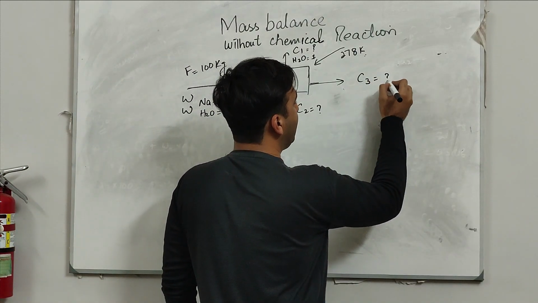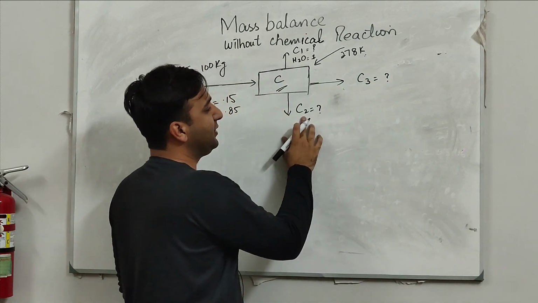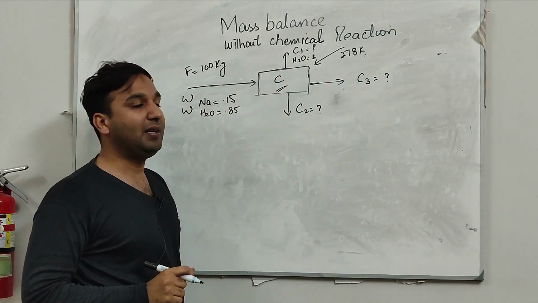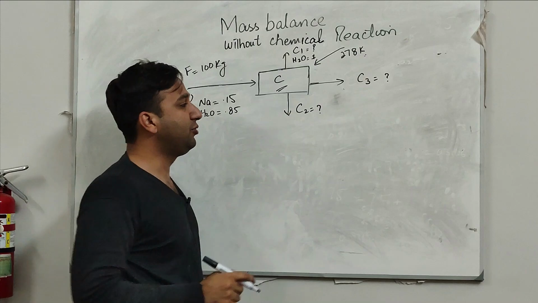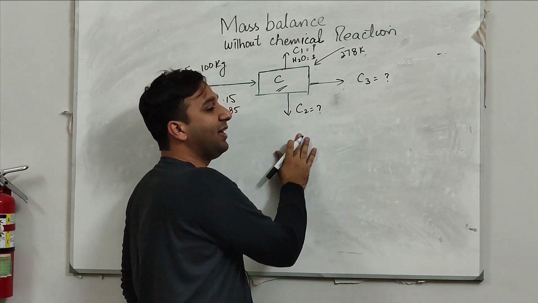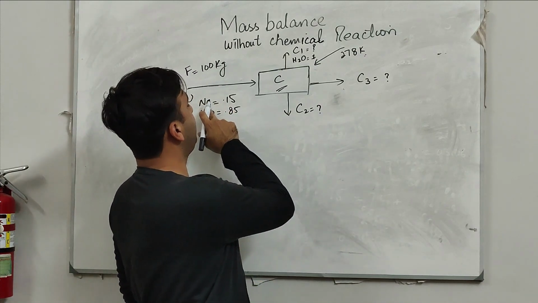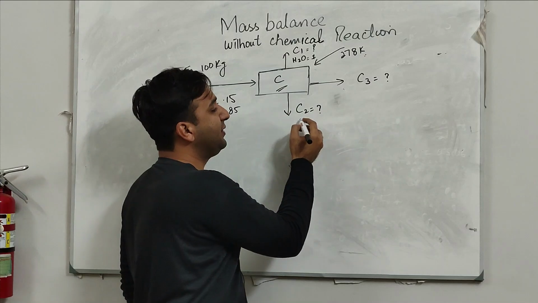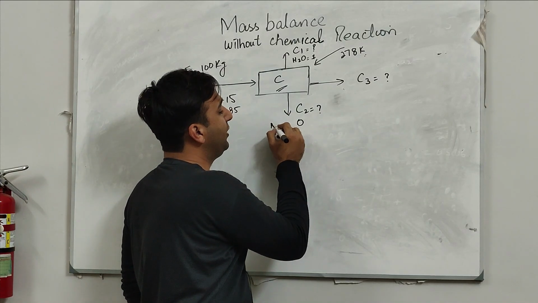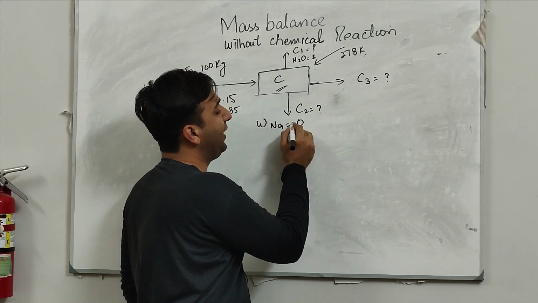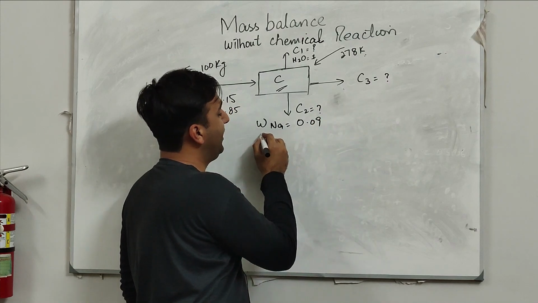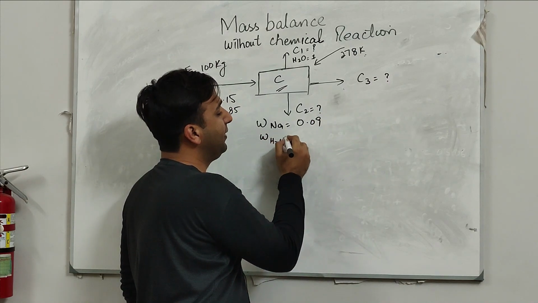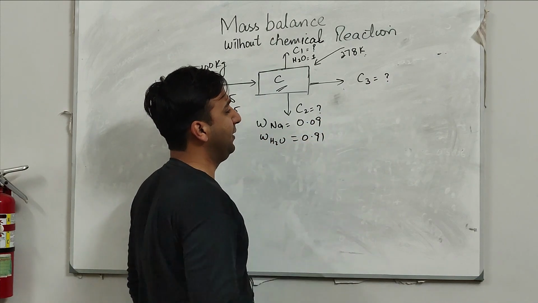For the mass fractions of C2, the problem gives us the solubility of the solution. It says that 9% by weight of sodium carbonate is dissolved. So the weight fraction of Na will be 0.09 and the remaining will be water, 0.91.